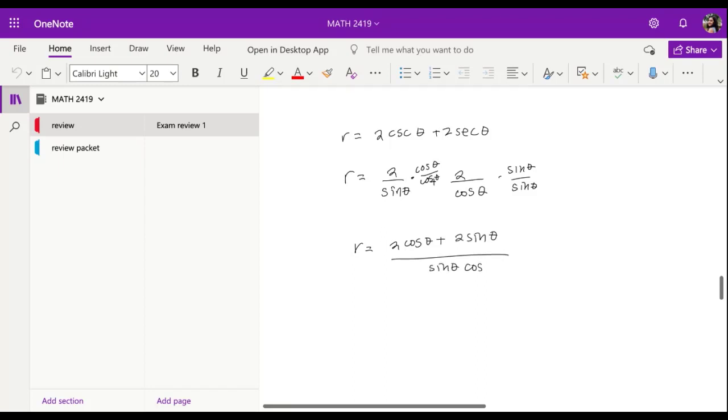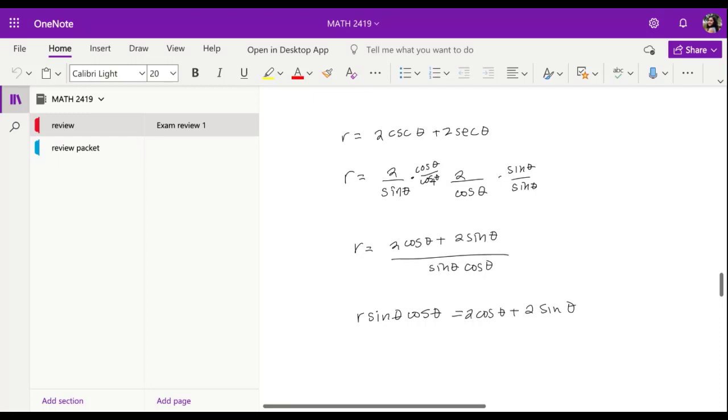Going from here, we can try to simplify as much as possible so we can plug in. So we can multiply the denominator over to the other side. By doing that, we have r sine theta cosine theta equals 2 cosine theta plus 2 sine theta.